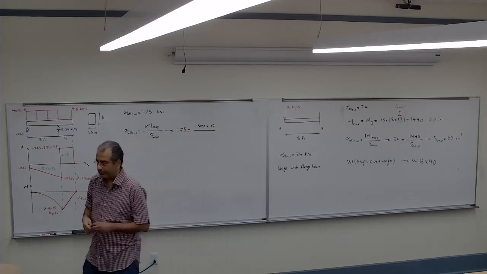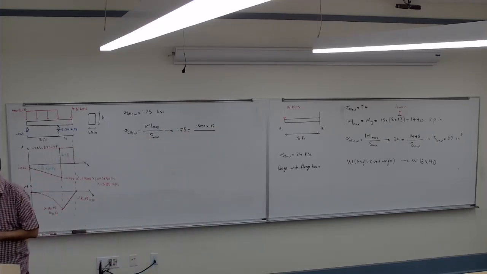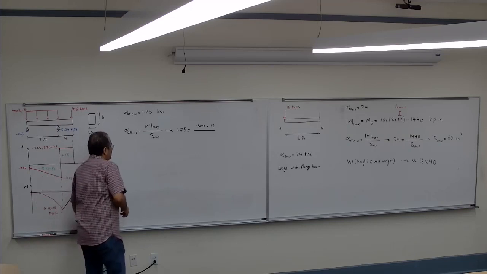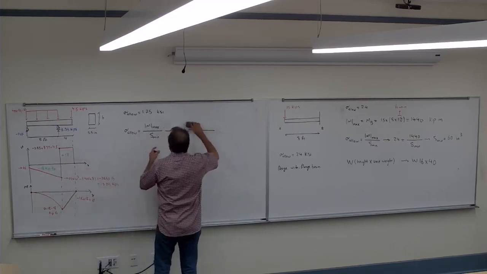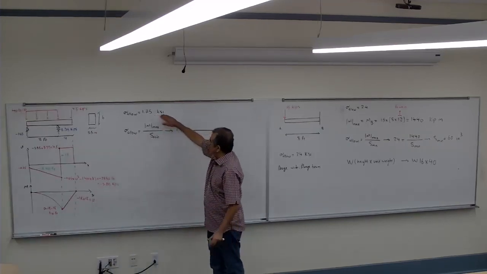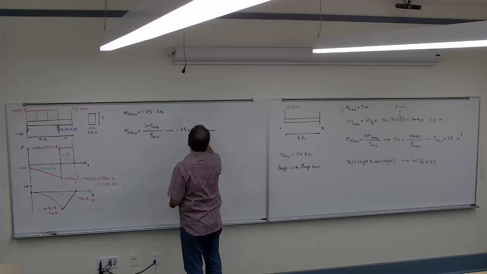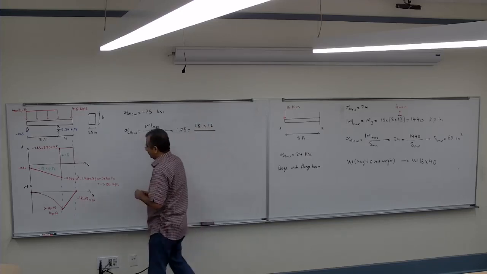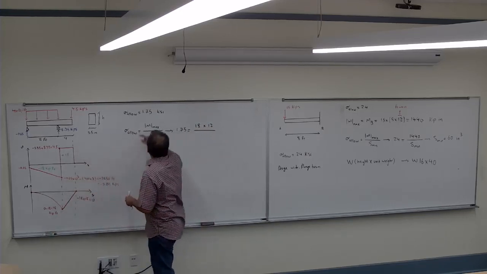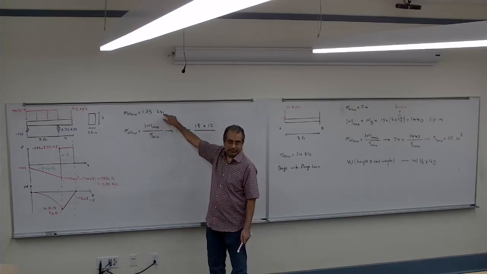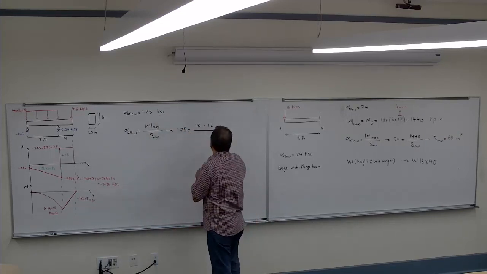Why times 12? Because the one equation is to the 1/12. Not 18,000, because we have that in the KSI as well, so we just keep it 18. So it's going to be 18 times 12, because this is in pound per inch. This thing is pound per inch, so I make sure that this is going to be in inch.